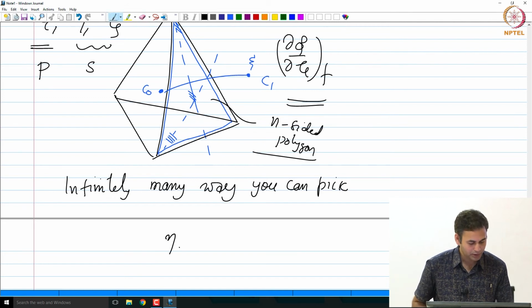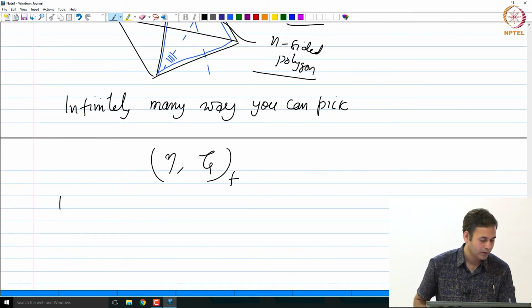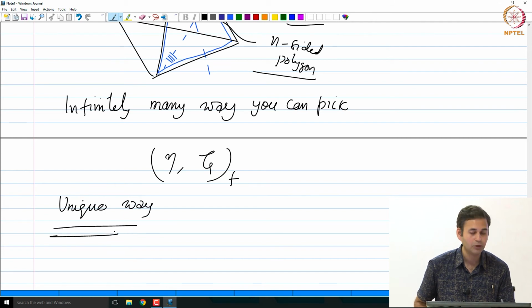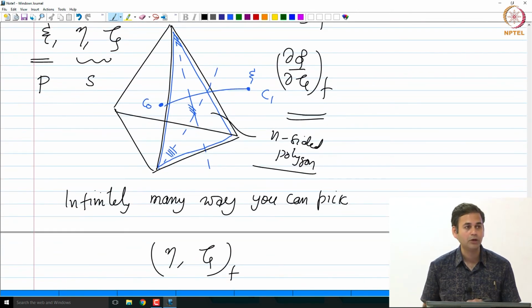But what we are looking for is a unique way by which we can implement this for all the cells, irrespective of whether we get a tetrahedron or a hexahedron or a prism and so on, right.